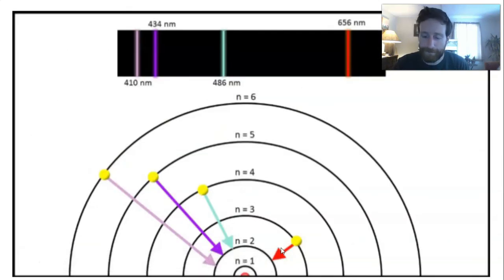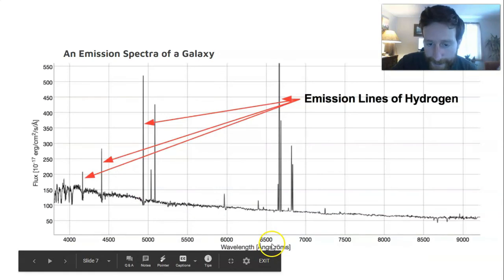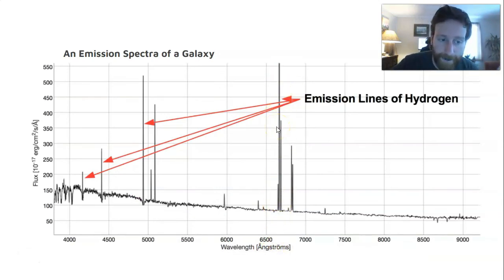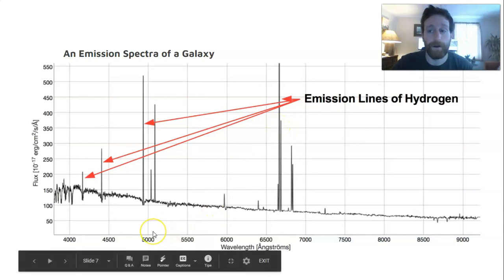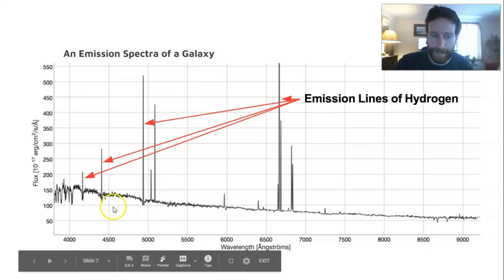So the 656 nanometers is 6,560 angstroms, and that's about where this peak seems to be falling. The 410 is actually 4,100 angstroms, and that's about where this peak is falling. The scientists can say, because we see these four bands of color, therefore we know hydrogen is in that galaxy.